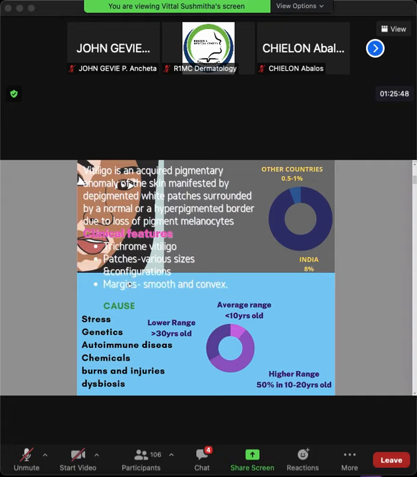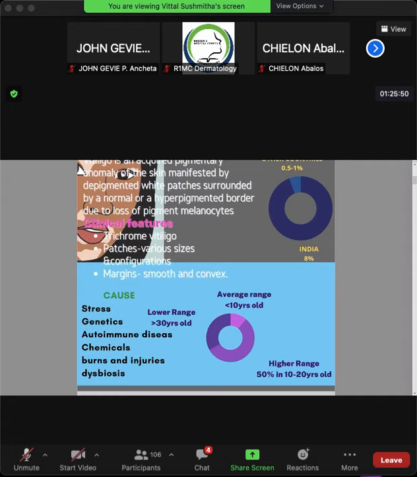According to the clinical features of vitiligo, there may be intermediate tan zones or lesions halfway between the normal skin color and depigmentation, so-called trichrome vitiligo.